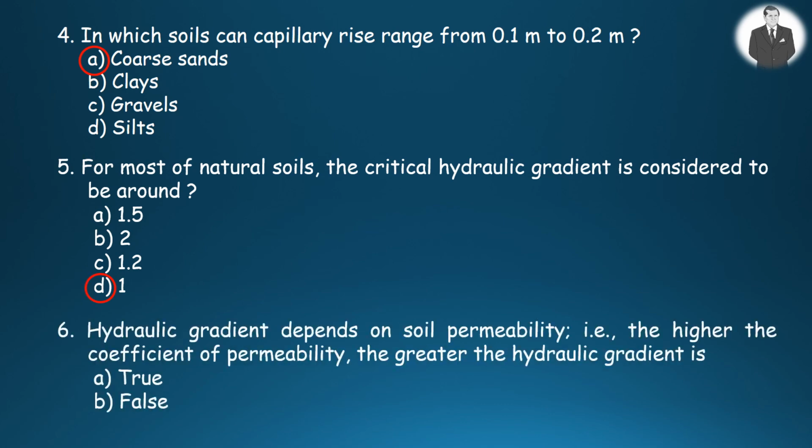So the final question, hydraulic gradient depends on soil permeability. That is to say, the higher the coefficient of permeability, the greater the hydraulic gradient is. True or false? It is false.